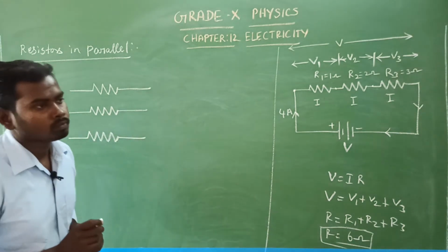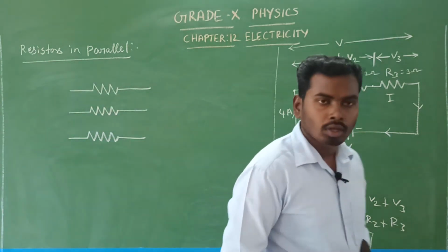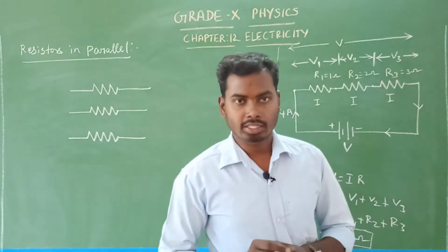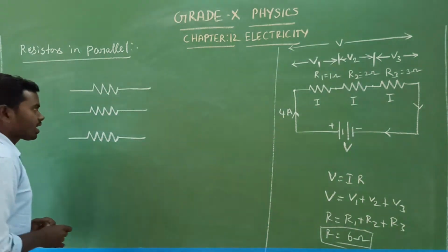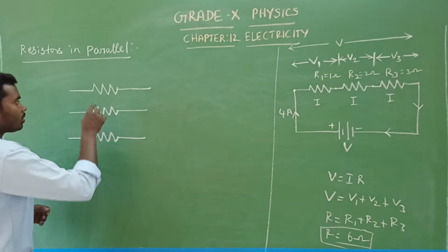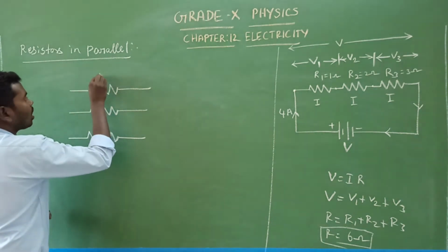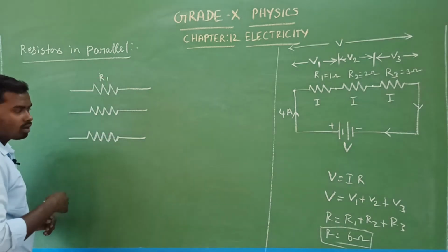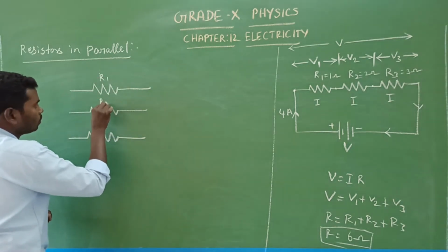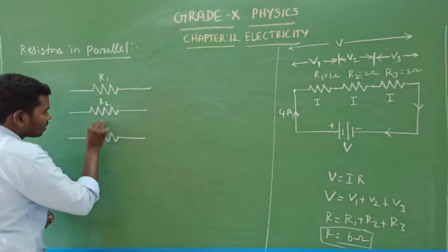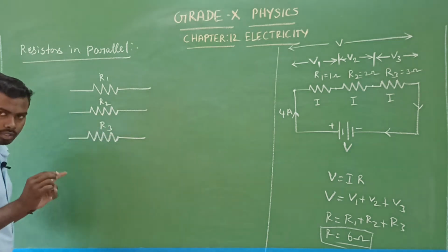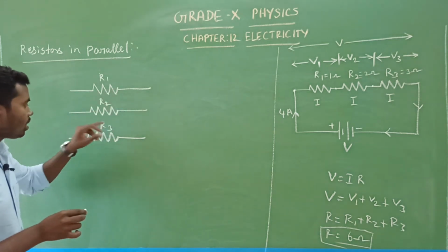Now we are going to start with resistors in parallel combination. First resistor, consider this is R1, the second resistor is R2, and the third resistor is R3.